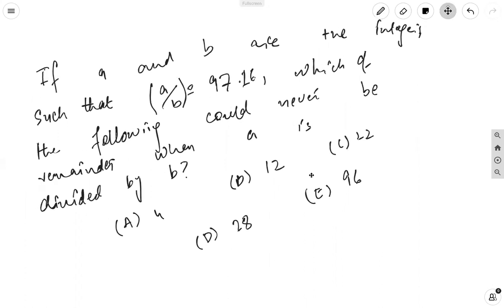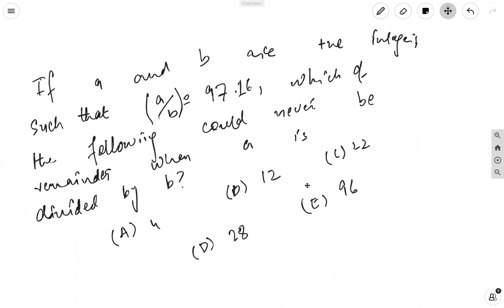We are given that A and B are positive integers such that A over B is equal to 97.16.